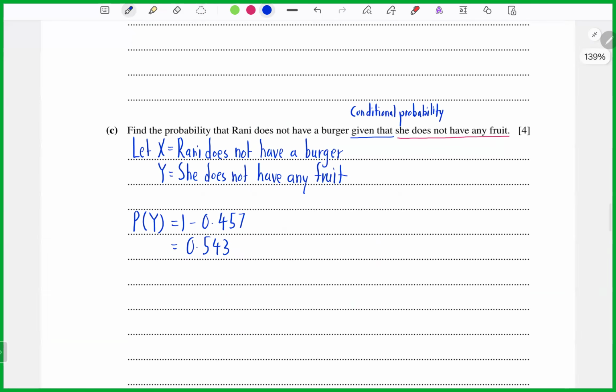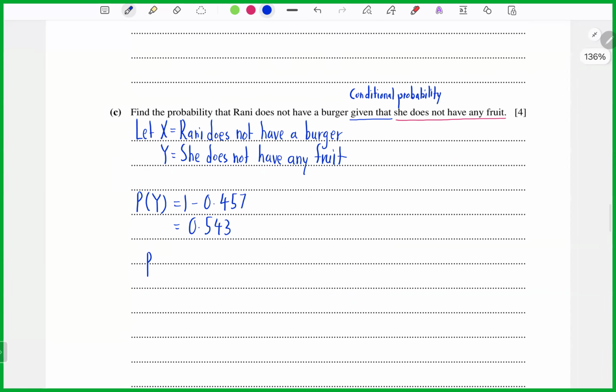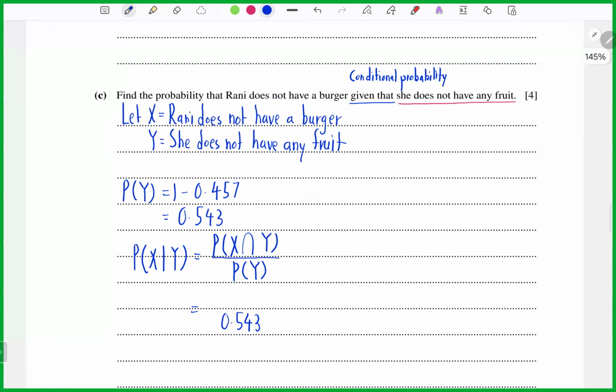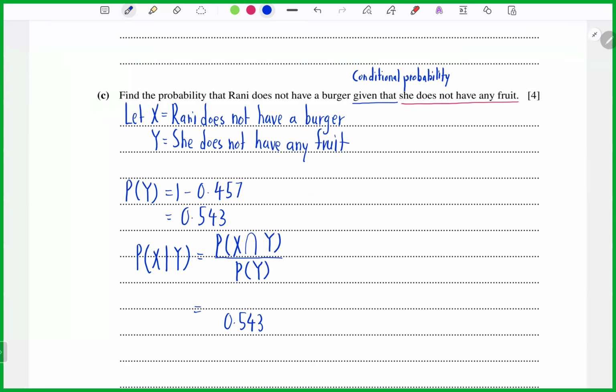Now we try to write out the formula. P of x given y, with the straight line, equals P of x and y over P of y. This is for 0.543. And then you need to see she does not have a burger, right?